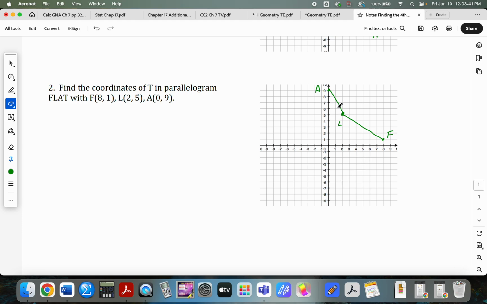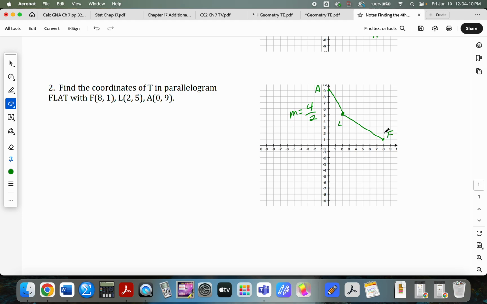From the place where those two intersect, I'm going to count the slope. It doesn't matter if I go to F or to A, I'll go to A because it's a little shorter. I go up 1, 2, 3, 4, and to the right 2. Don't reduce the slope. Don't make it 2 over 1. If you do that, you'll have a piece that's parallel, but it won't be the same length.